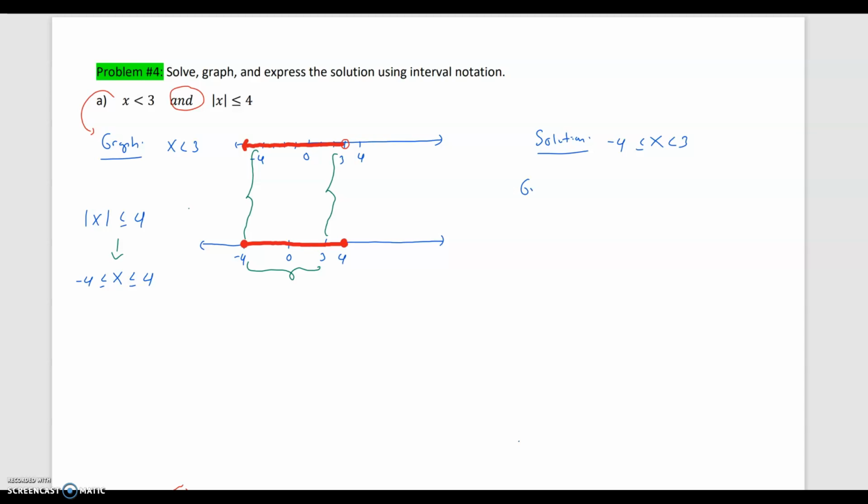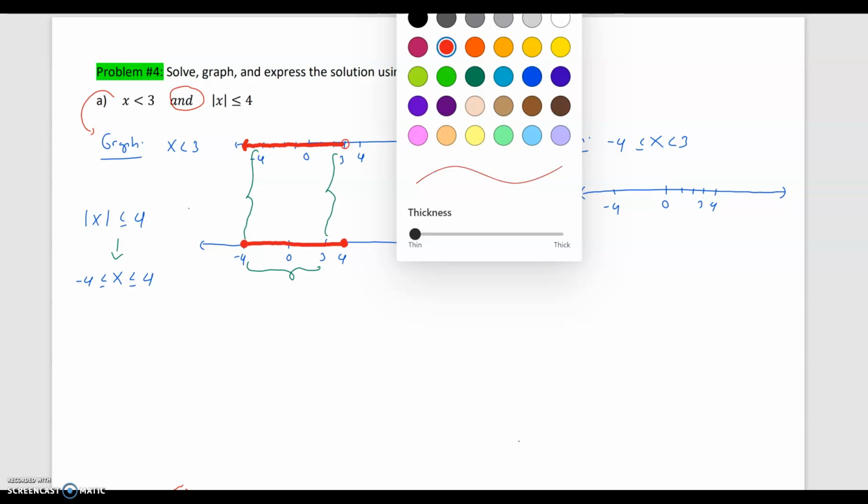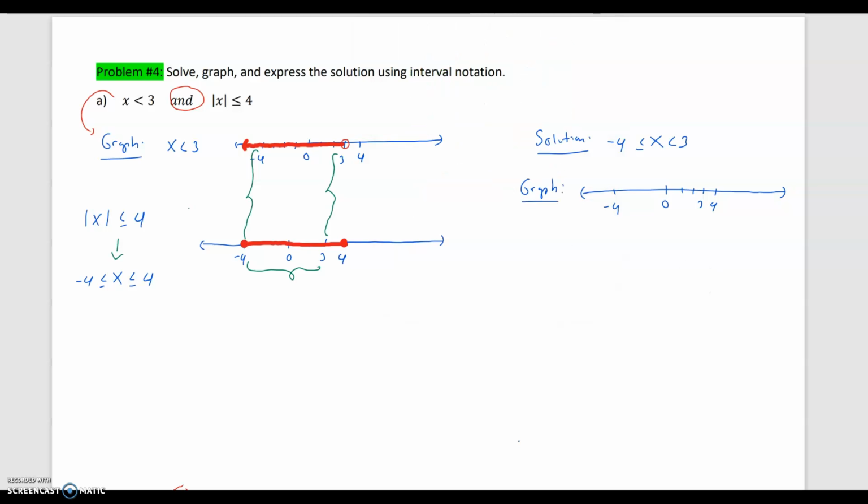The graph, and let me put 0, 1, 2, 3, 4, and then negative 4. We're not including 3, open circle, but we're including negative 4 and every value in between. Once again, they're sharing 4, but they don't share 3.